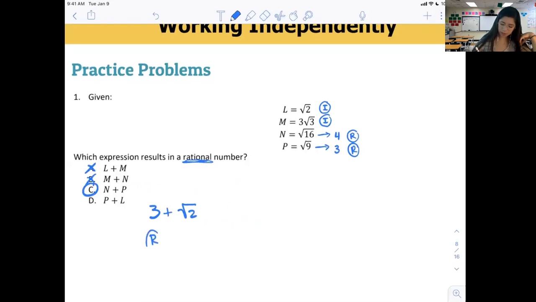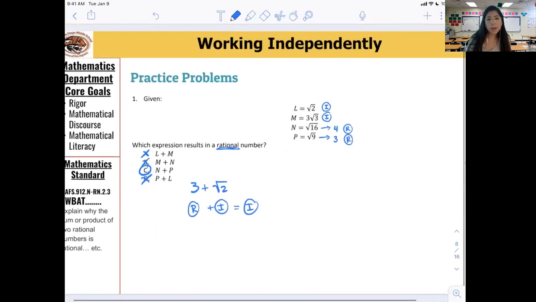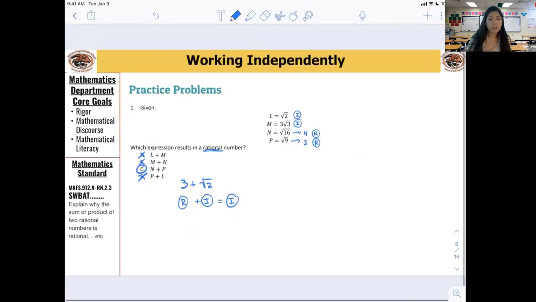So that's rational and irrational, which will give me an irrational answer. So C is the only one that gives you a rational answer. And for the majority, this is what these kinds of questions will look like. They're going to give you examples of rational numbers and irrational numbers, and you have to know which ones are irrational and which ones are rational.